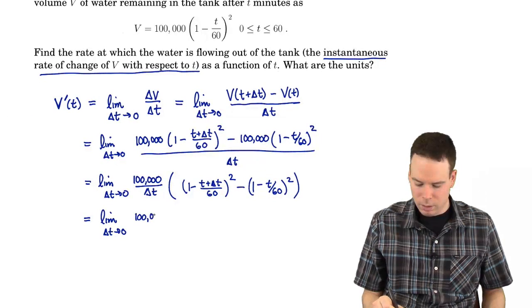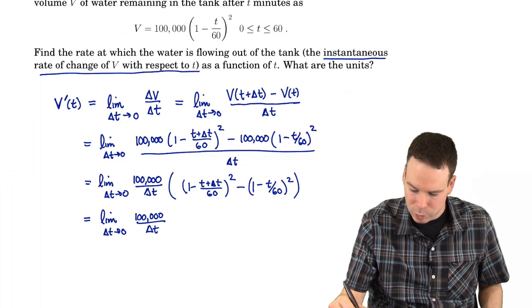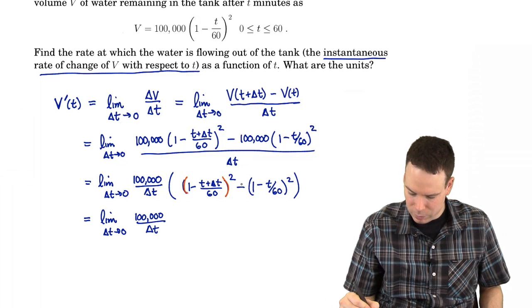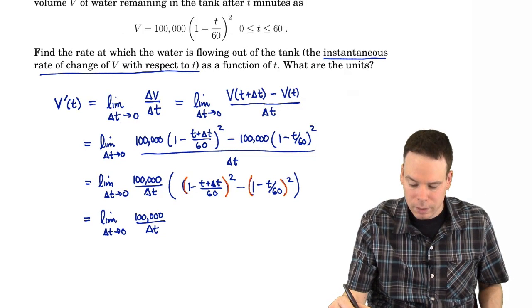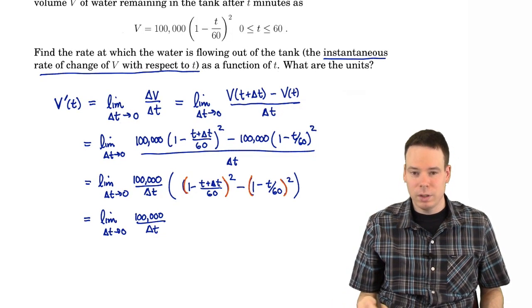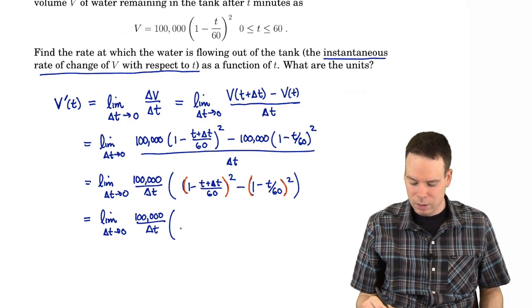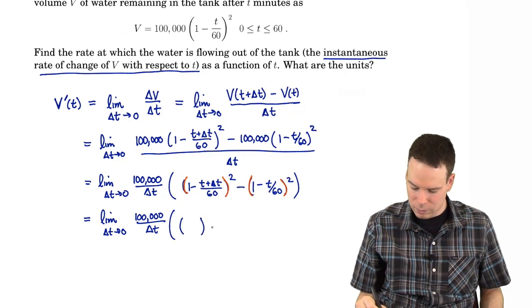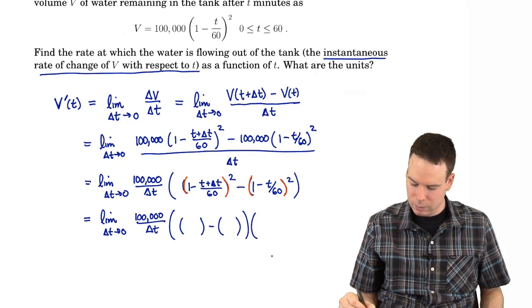What's the other option? Well, notice that this is a difference of squares. There's something squared minus something else squared. We know that a difference of squares factors. It factors into the difference of the two things multiplied by the sum of the two things.